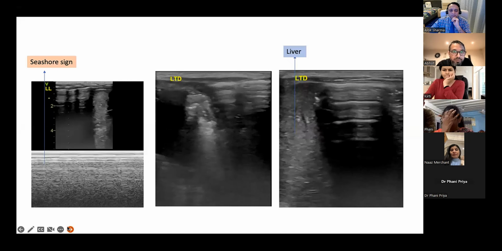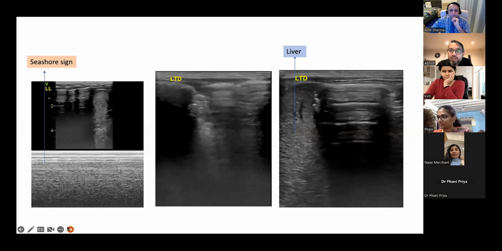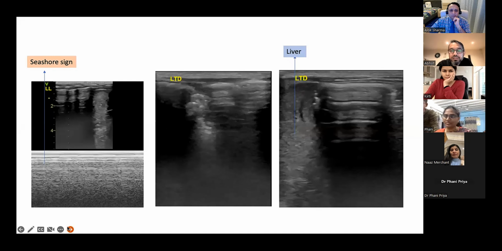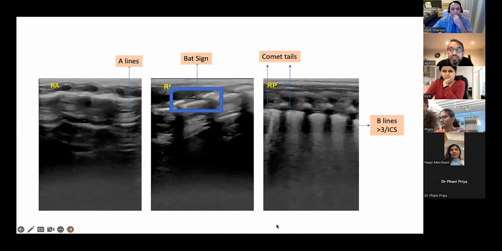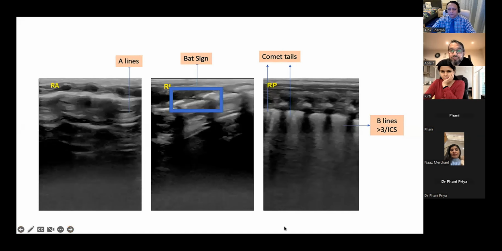And about your comment on the lung rockets and the B lines. The best way to differentiate between the two is, yes, you're right, B lines reach all the way to the bottom of the screen, whereas the lung rockets or comet tail artifacts don't. Number two, your comet tail artifacts should not be erasing the A lines.